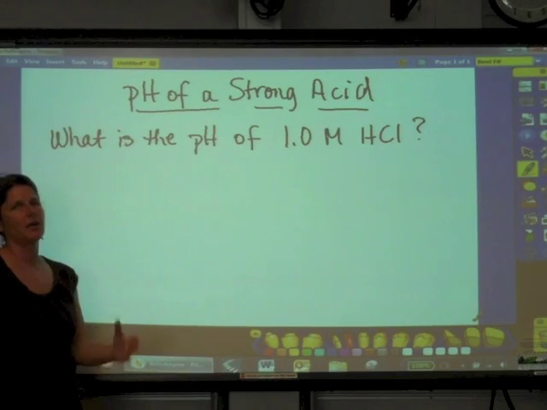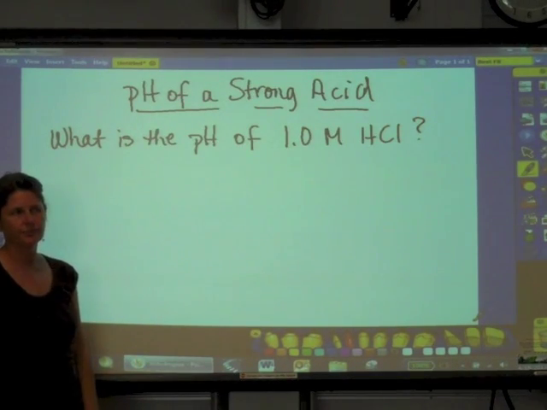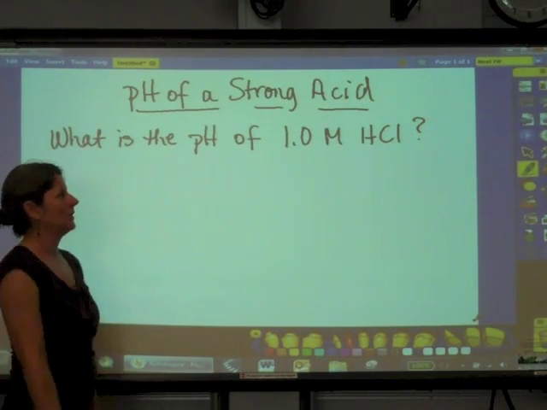why we classify it as being a strong acid, is because it's a strong electrolyte. So what does that mean, it's a strong electrolyte? Well, that means that it completely dissociates in water.